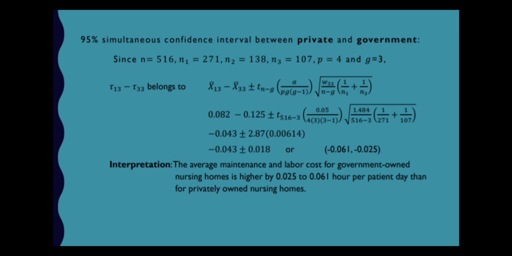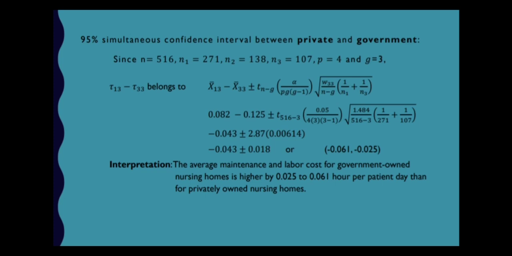Kenapa buat jadi government higher? Because government tu adalah third population. Sebab dapat negatif kan, so government lagi higher lah. Ataupun you boleh juga twist, you boleh katakan the average maintenance labour cost for private nursing home is lower by 0.025 to 0.061 hour per patient than government nursing homes.